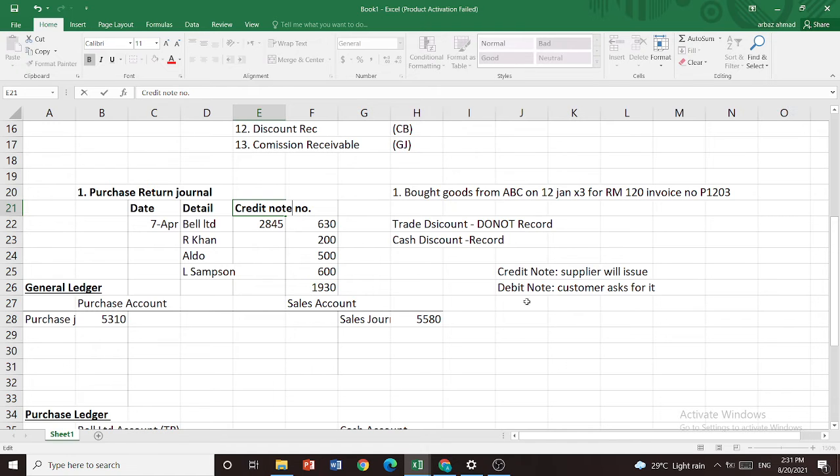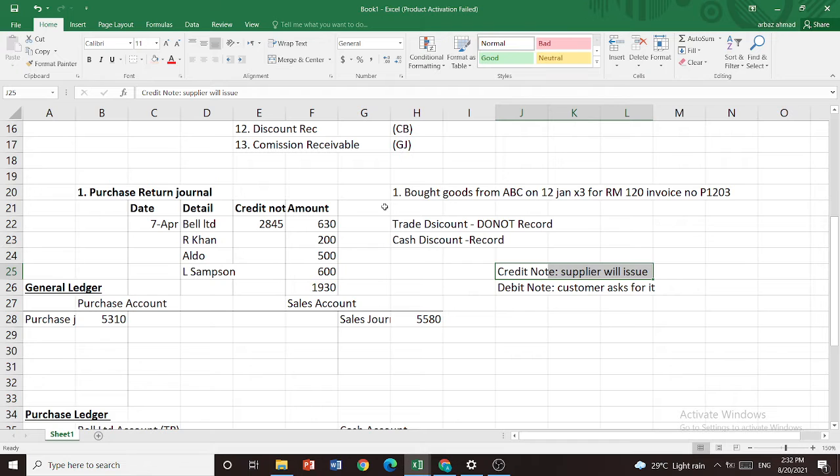Most of the time the debit note does not matter, the credit note matters, because the credit note is like assurance that the sale or purchase return was accepted. So if you send a debit note and there is no credit note, that means it's kind of useless. You cannot write that you returned the goods. You need to have a credit note.